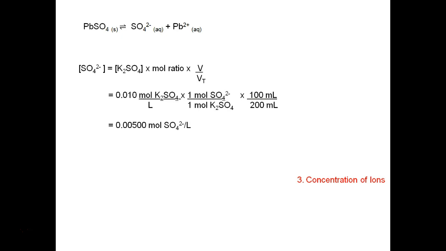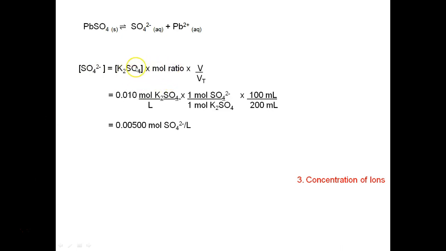Now that I know my equilibrium, I can determine the concentration of the ions that are present initially. Now, this is where we have to be careful. I've combined two solutions together. And so therefore, I cannot take the concentrations as listed, but I have to apply a dilution, where my concentration of my sulfate is equal to the concentration of the solution that provides the sulfate ion times the mole ratio.